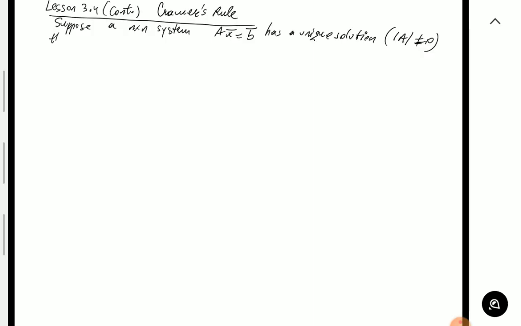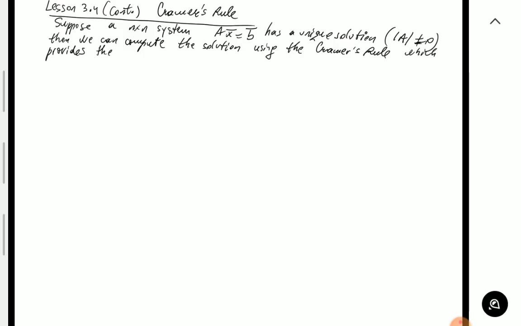Then we can compute the solution of it using the Cramer's rule, which provides the solution in terms of determinants.